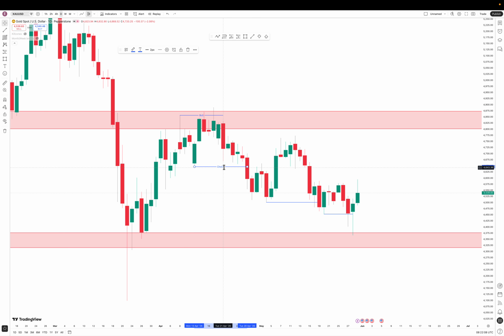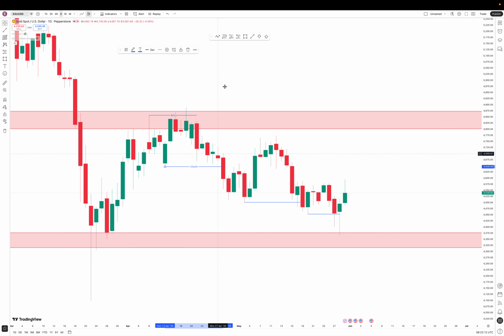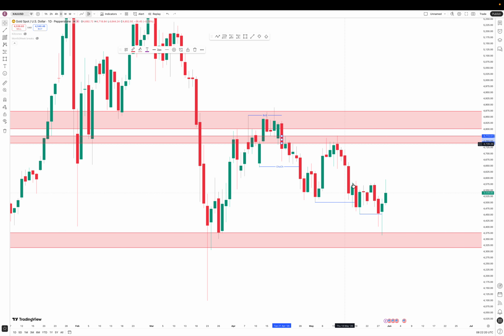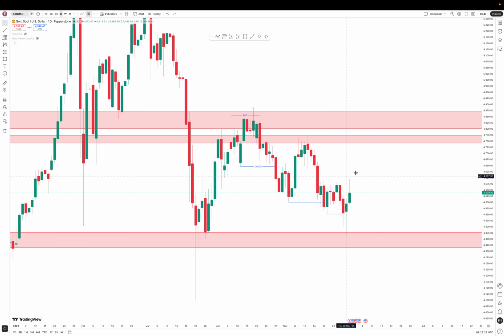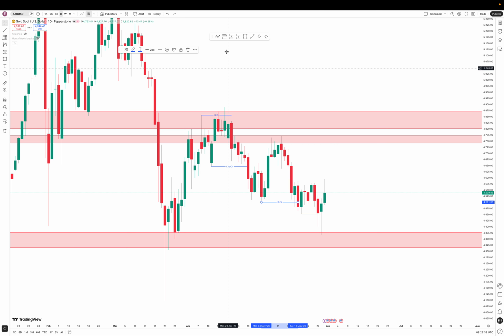Then we got a change of character, we got a retracement to this supply zone here. There's a supply zone right here. Then we saw the huge sell pressure coming, then giving us another break of structure.